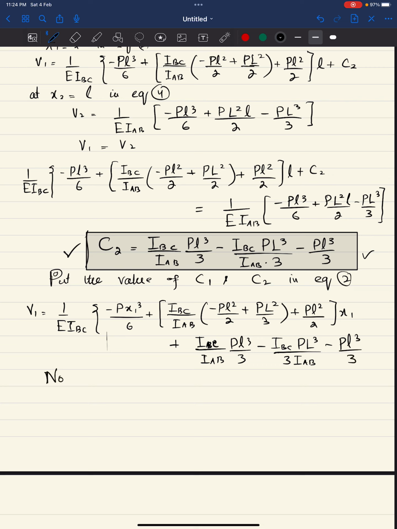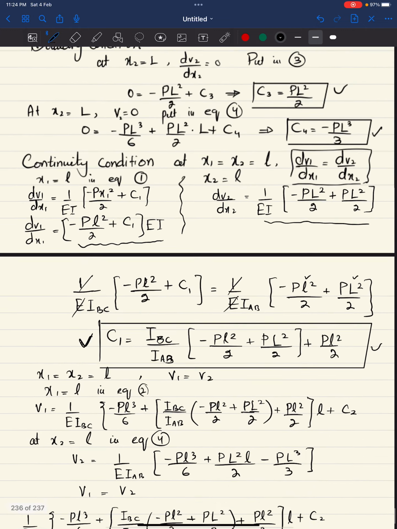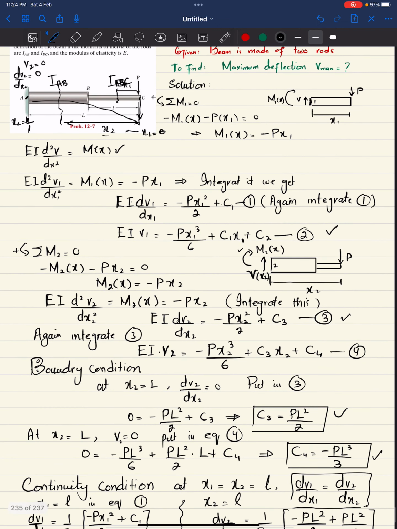Now maximum deflection is at x1 is equal to 0. We have maximum deflection. I will show you. Here you have at x1 is equal to 0 a maximum deflection, which is equal to Vmax.